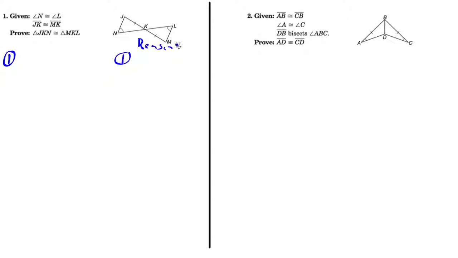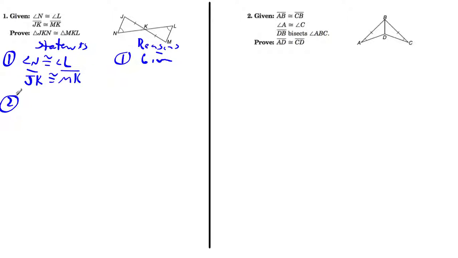Let's start with that given. So angle N is congruent to angle L, and JK is congruent to MK. It's all given, and it's nice that they marked that all up for us.